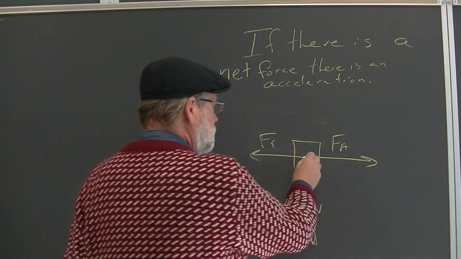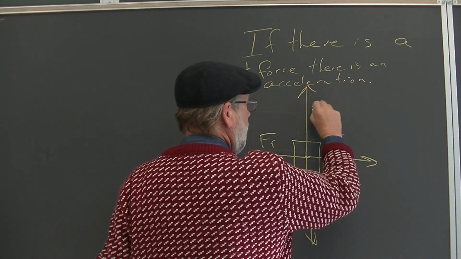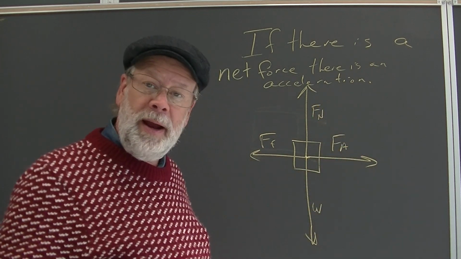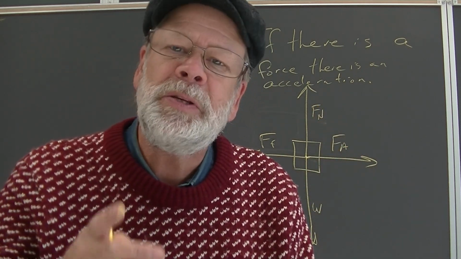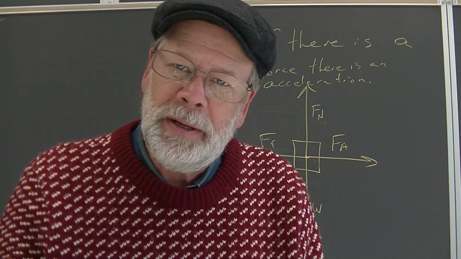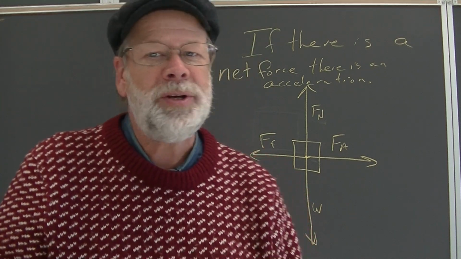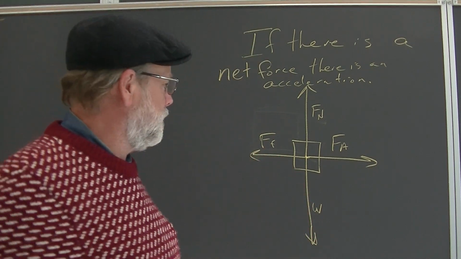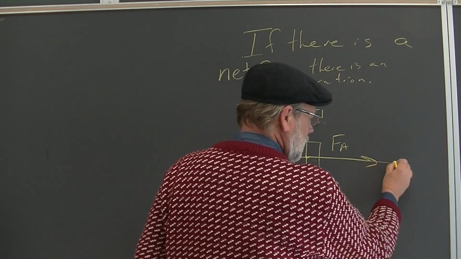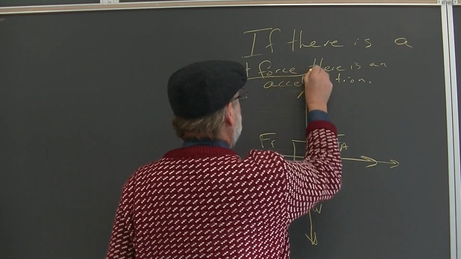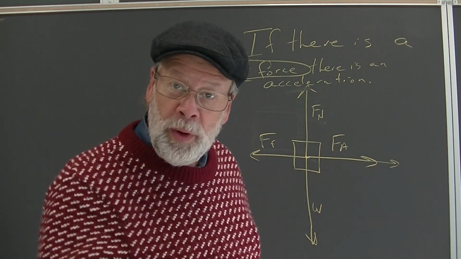That's the normal force. How do they compare? Well, if there's no acceleration, they must be equal and opposite. So all the forces in this situation are balanced. Key: if one of the forces was a little bit larger, then you would have a net force, and you would have an acceleration.